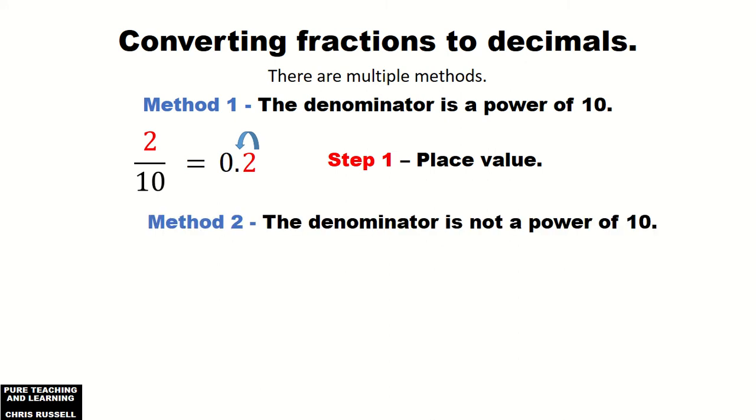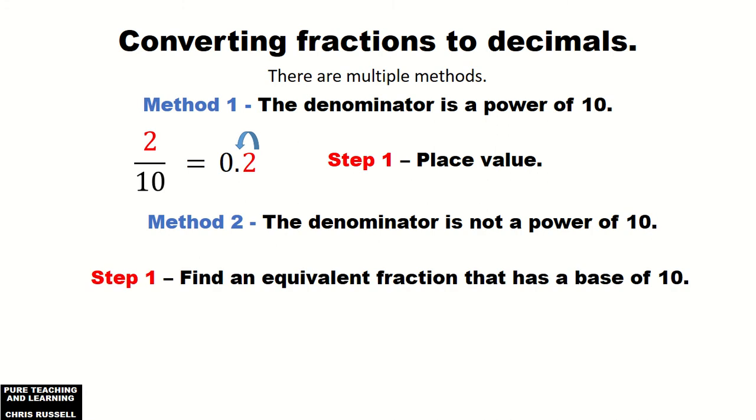Method 2. The denominator is not a power of 10. Step 1, find an equivalent fraction that has a base of 10. So here we've got 6/25. What this is showing now is we're moving 25 to a value that has a base of 10.